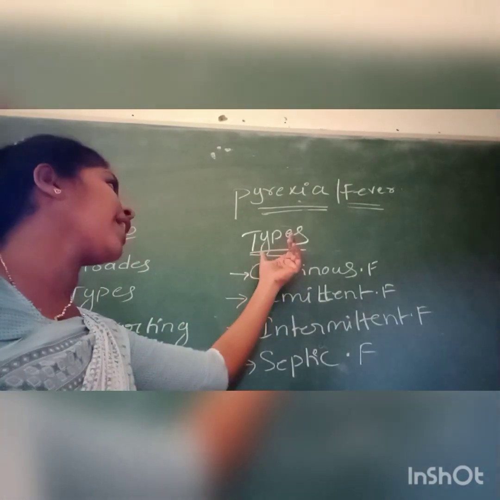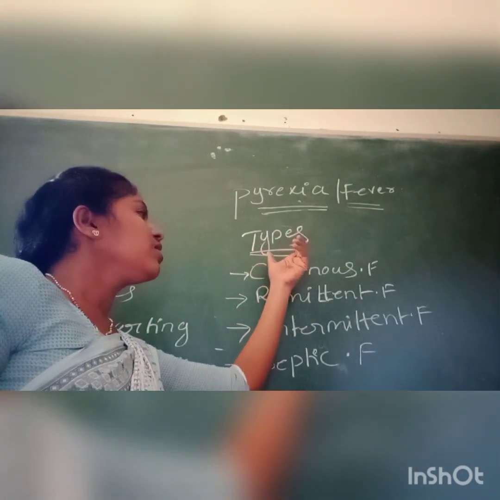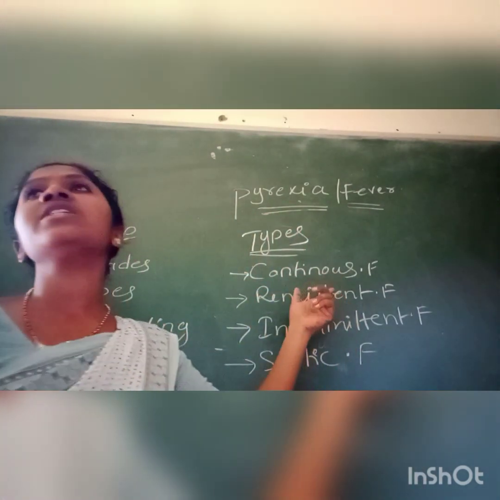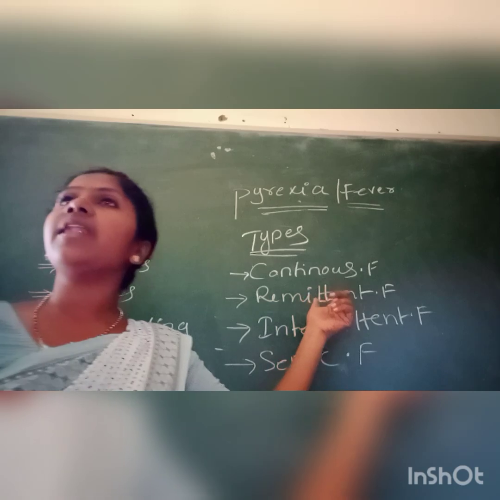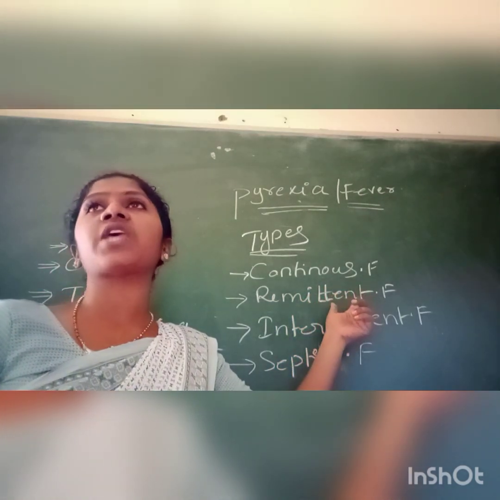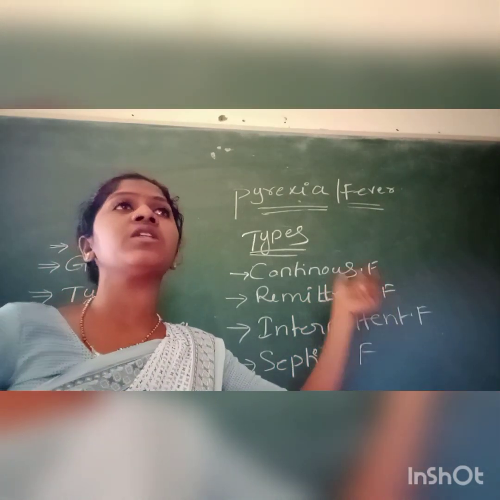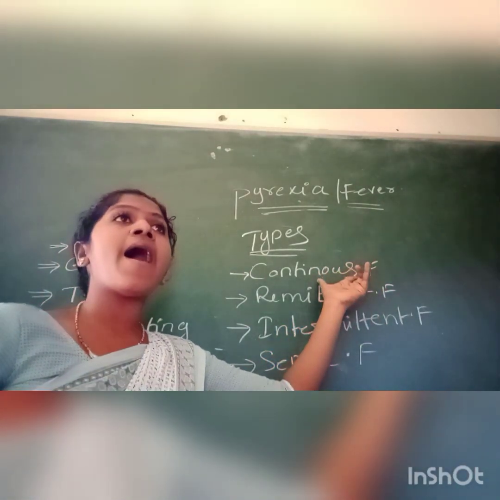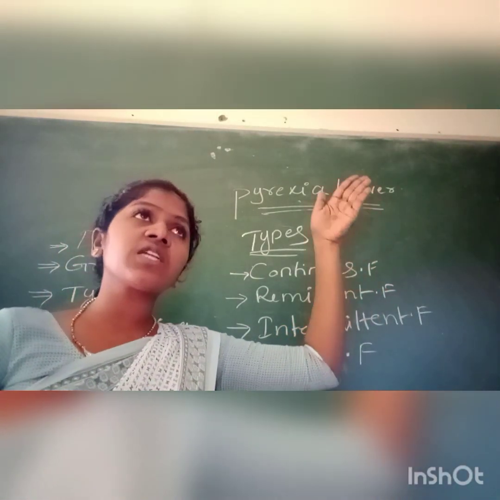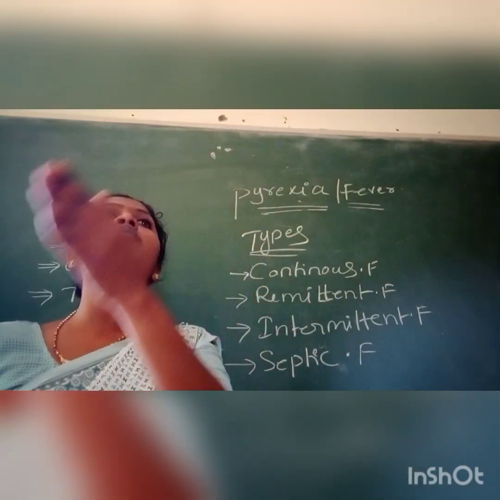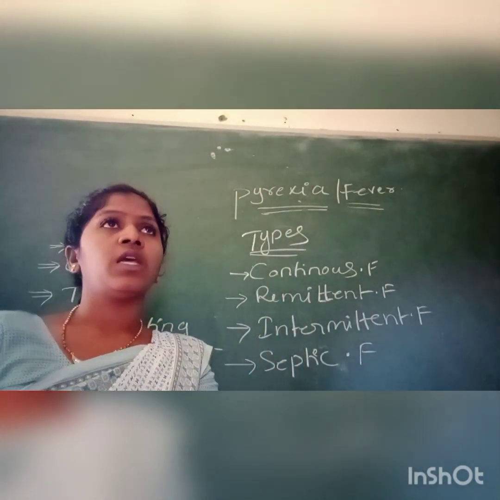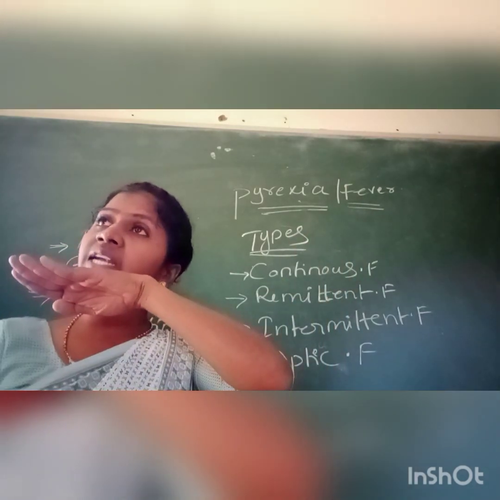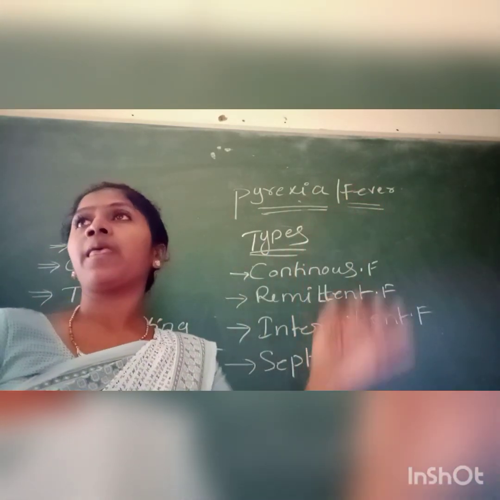Now let us see the types of fever. There are mainly 12 types of fevers. The first one is continuous fever. In the name itself, continuous means the temperature rises more than normal and it stays continuously for a few days or a few weeks, at that high temperature only.